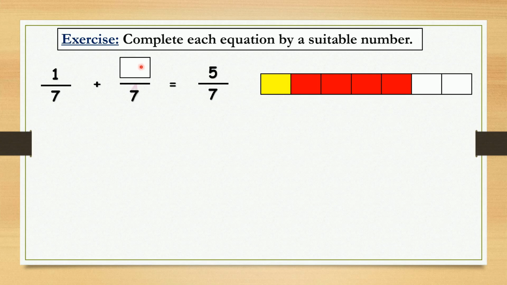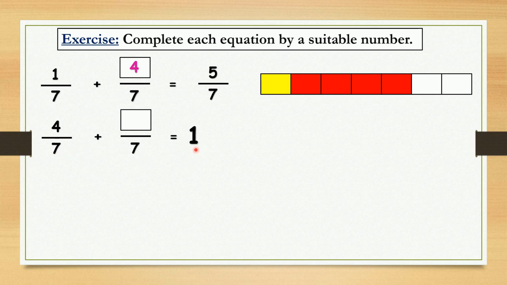Or I ask myself, 5 minus 1 equals what? It's equal to 4. Next: 4 over 7 plus which number over 7 equals 1? So here we have a problem. Here we have a whole number. And the 1 is equal to 1 over 1. But the denominator needs to be 7.